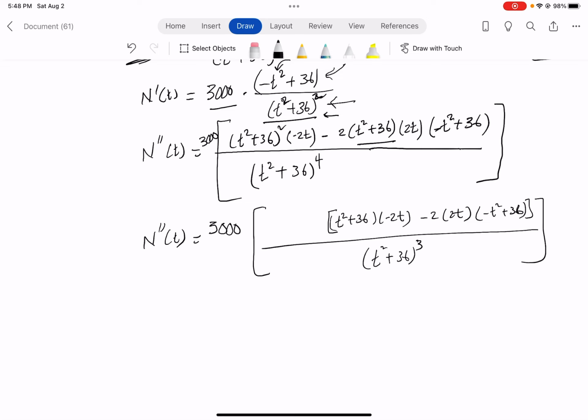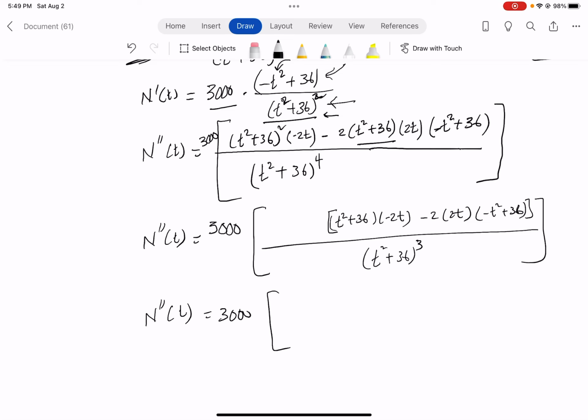So now, could we do more factoring? Let me take the t out. So you could do it like that, 3000.